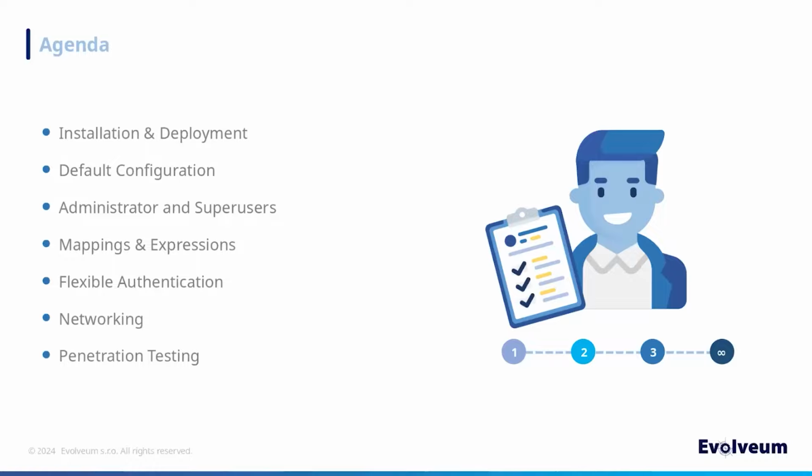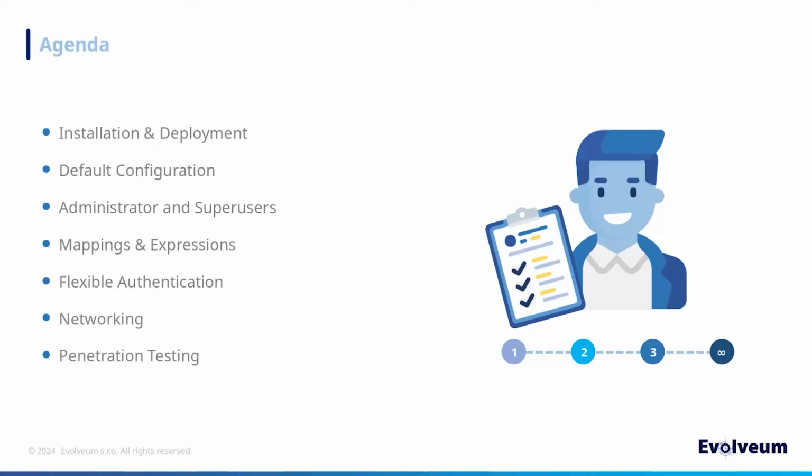During this webinar, we will discuss several aspects of securing your deployments, some of which you are probably already familiar with. We will start with basic security concepts for installation and deployment. Then we will continue with default configuration, talk about which parts of the default configuration you should review. We will look into the security concerns regarding the administrator and super administrator accounts.